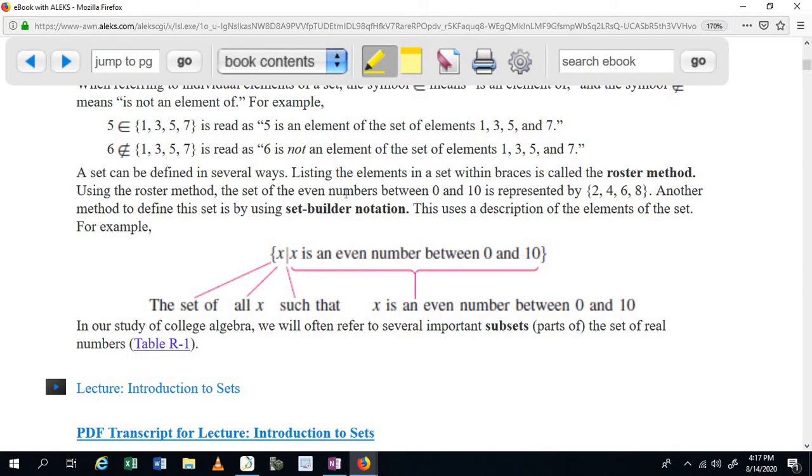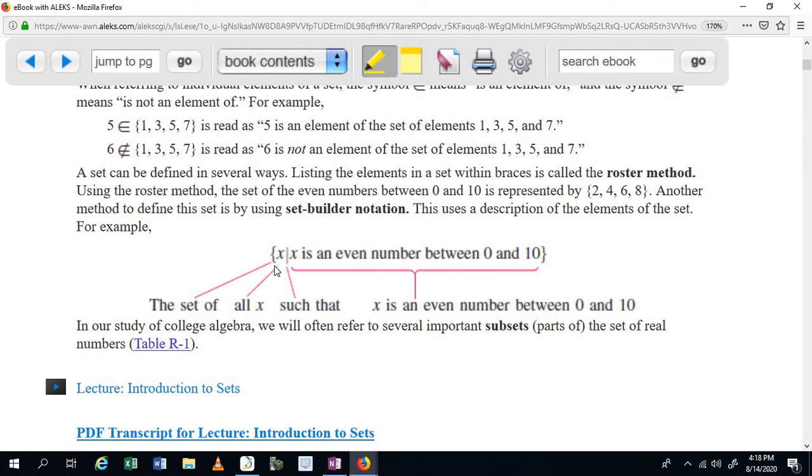And oftentimes we're going to use what's called set builder notation. So you might see something like this. This is called set builder notation. This is the opening of a set, and it's the set of all x values. And this little straight line right here is the way mathematicians use the words "such that." They're lazy and they don't want to write "such that," so they use this vertical line, and that means "such that."